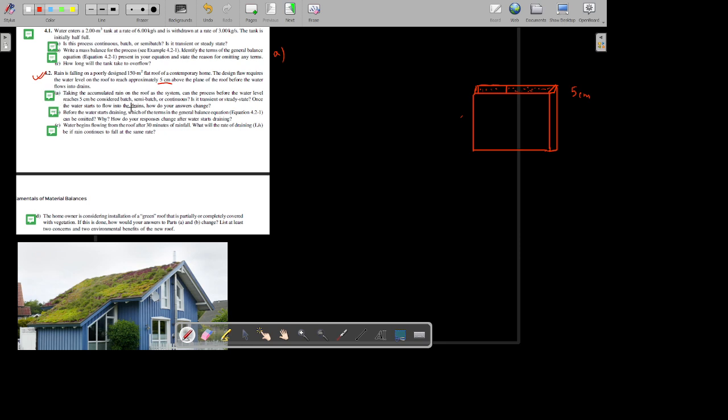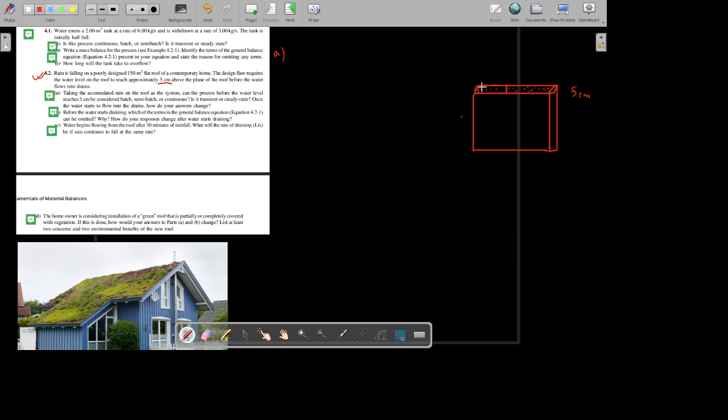So in part A of the problem, you can see they have asked, taking the accumulated rain on the roof as the system, can the process before the water level reaches 5 centimeter be considered batch? So it will obviously be a batch process, because when the height of 5 centimeter has not been reached yet, the water is going to accumulate.